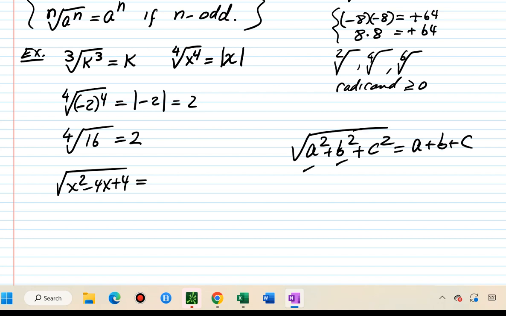Individual roots we cannot do with addition or subtraction in the radicand. Now, had this been a squared times b squared times c squared, then I can do that, right? Then I can say the answer is going to be the absolute value of abc. But it's not a product in this example. We have a sum and difference.